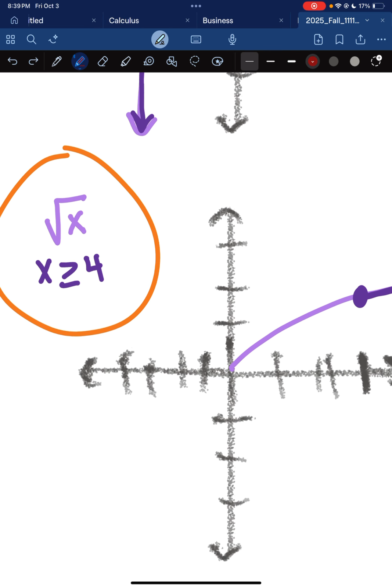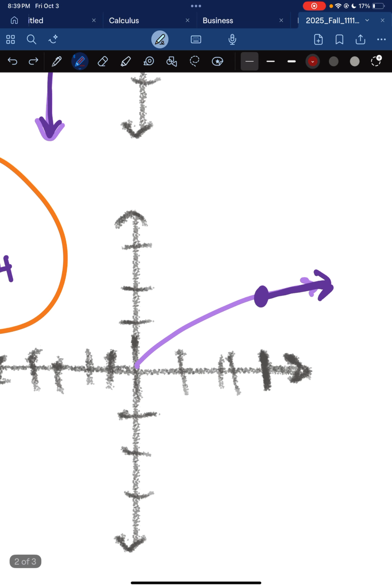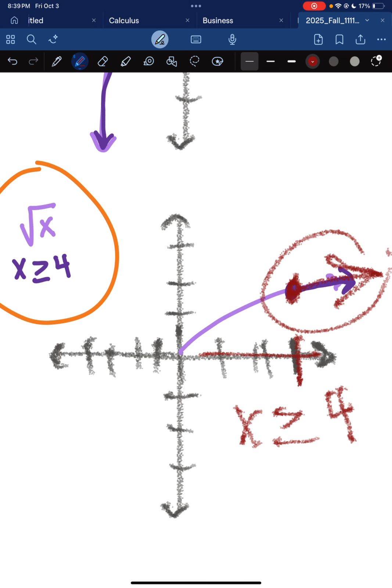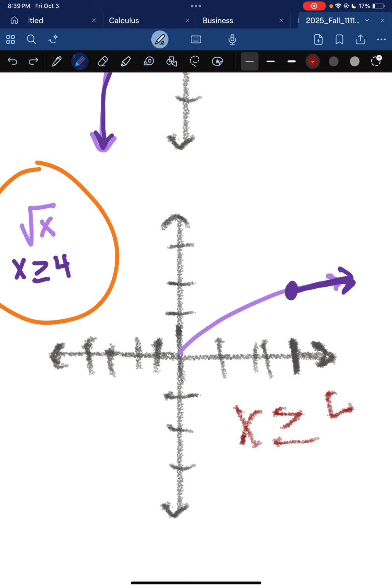Same thing for this. It's a closed dot. You see our line going like this, but we have to restrict it, so it's only true when x is greater than or equal to 4. So we find 4, which is right here, and so that's what we get right there.